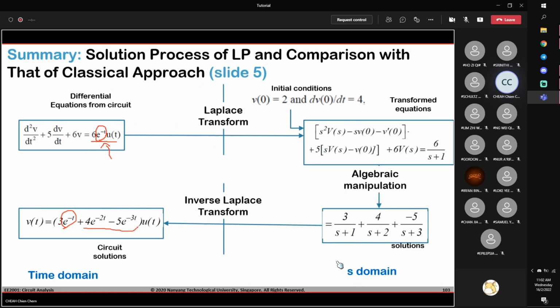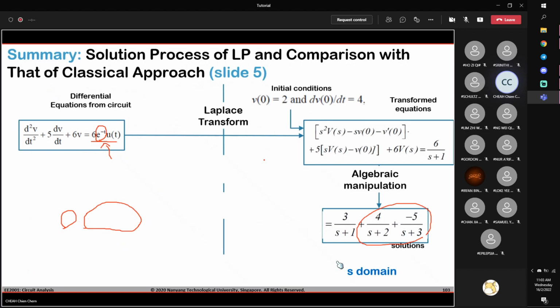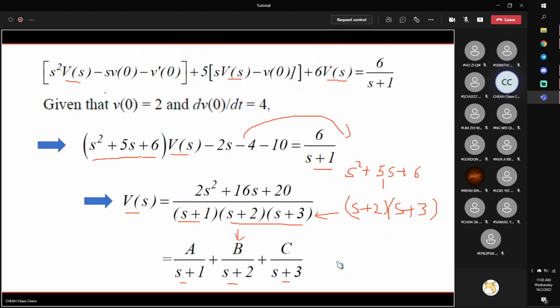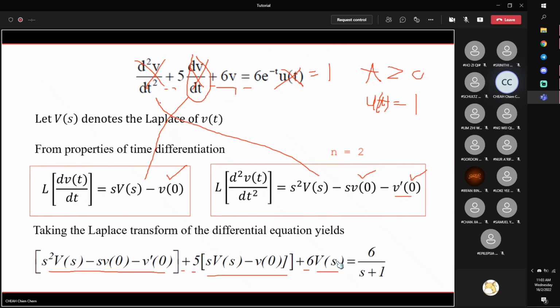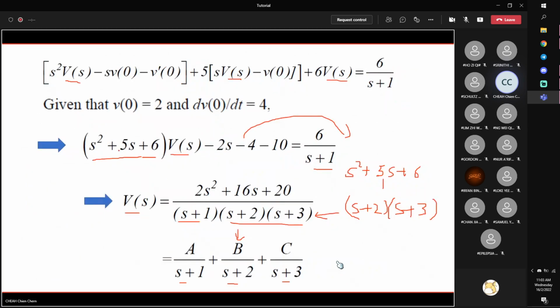The other two are the natural response. The other two are relating to your natural response. In fact, you go back to this equation, you see that my differential equation's 5 and 6 will appear here. 5 and 6, the system's characteristic natural response, and then you factorize into 2 and 3.